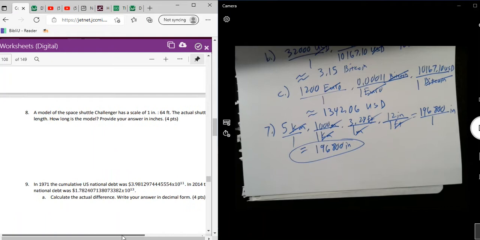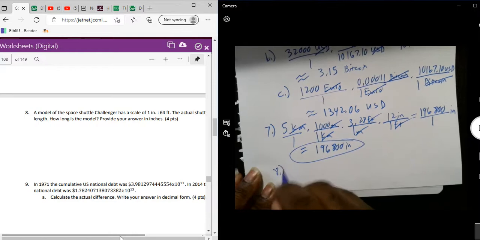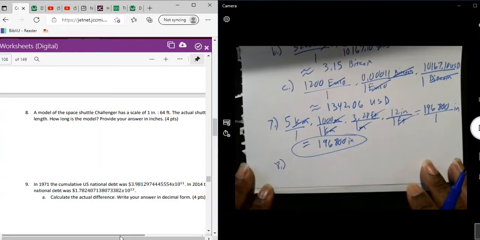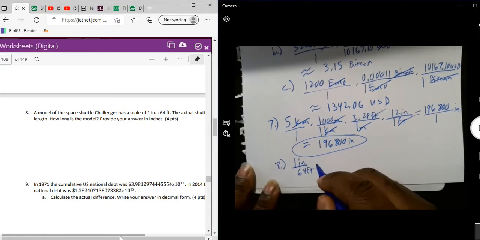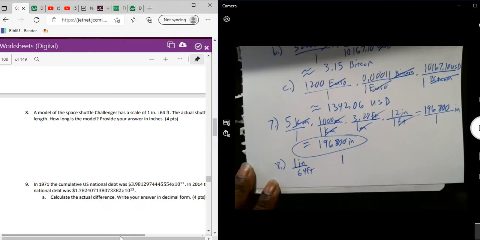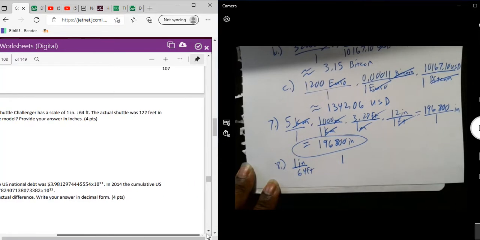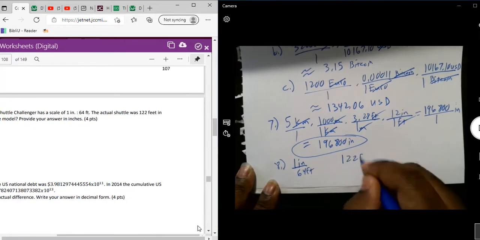How long is the model? Okay, so we look here at number 8. We have 1 inch for 64 feet. And they tell us that the actual shuttle was 122 feet.